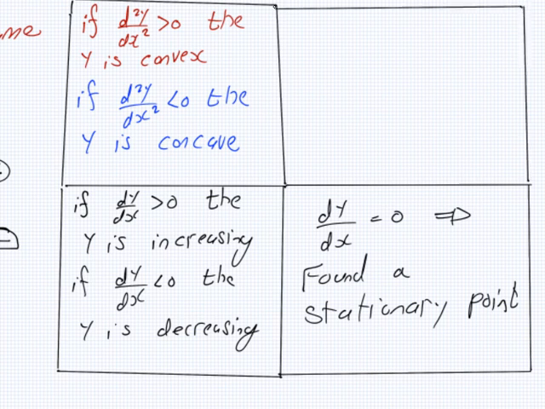Now, I'll just give you a minute to think about this before I ask you. But think about what it might mean if this one, the second derivative, is 0. Think about what it might mean.